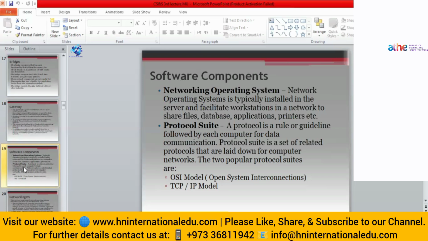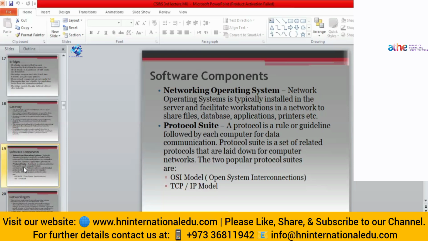Now, protocol suite. A protocol is a rule or a guideline followed by each computer for data communication. When we are communicating all over the world, we have to decide on some set of rules so we can communicate and understand each other, because if we are not working on a uniform pattern, we will not be able to communicate all over the world. So there are certain rules through which we communicate.